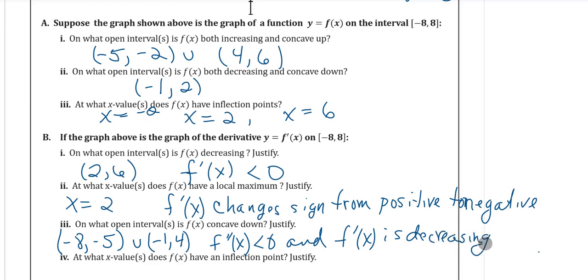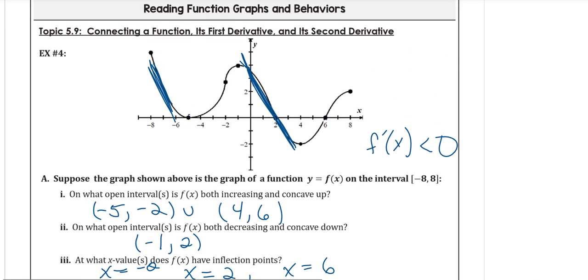Okay, now the last question, at what x values does f have an inflection point and justify? So we have 3 inflection points in this graph, if this is our derivative. Those inflection points are going to be the zeros of the derivative. Oh, I'm sorry. I keep forgetting what graph I'm looking at. This is the derivative. So I need to have the extreme points of this derivative.